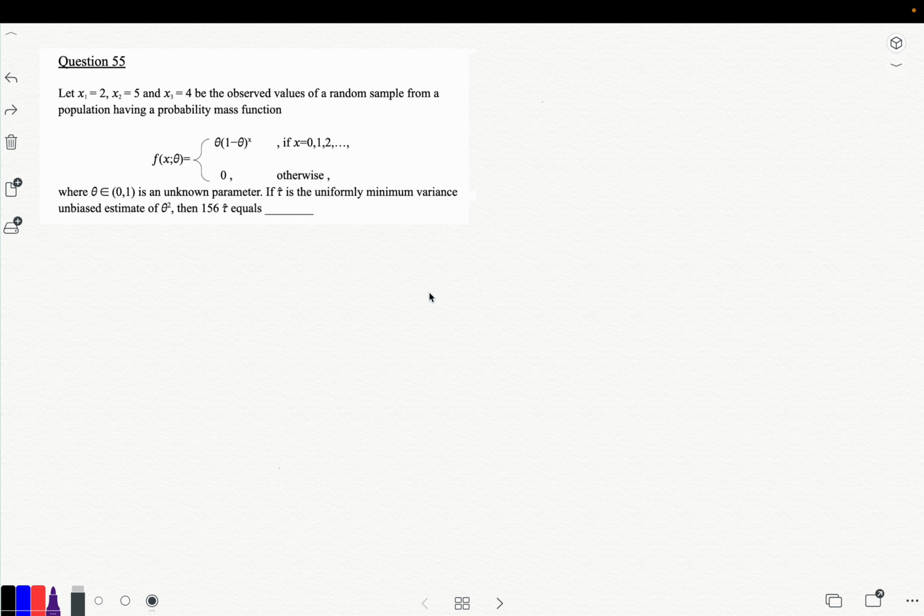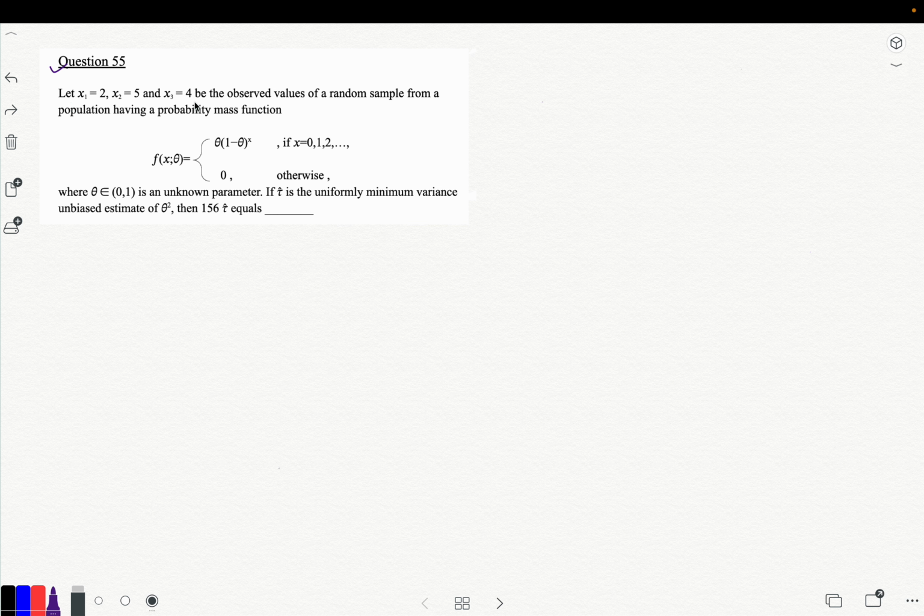Question number 55. It is saying let x1 equals 2, x2 equals 5, x3 equals 4 be the observed values of a random sample from a population having a probability mass function f of x comma theta equals theta times (1 minus theta) to the power x, if x equals 0, 1, 2, where theta belongs to (0, 1) is an unknown parameter.